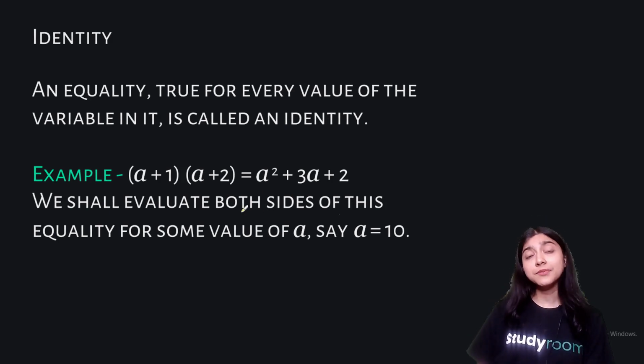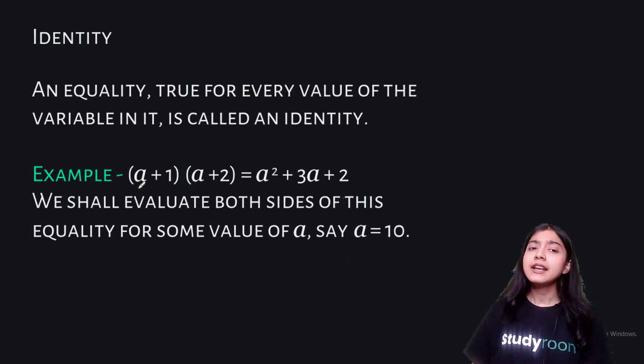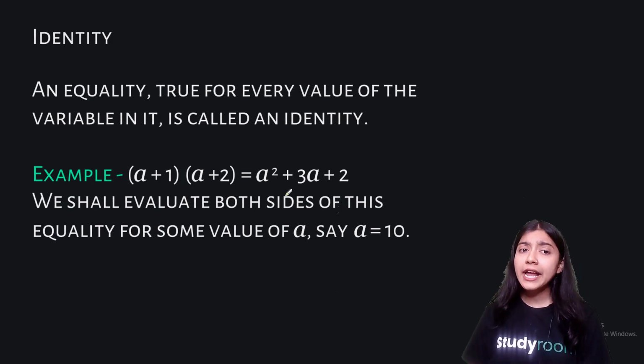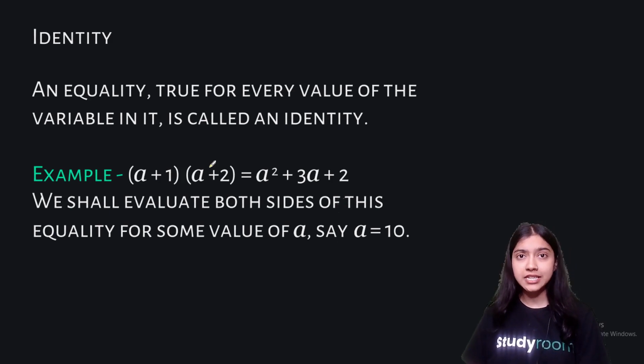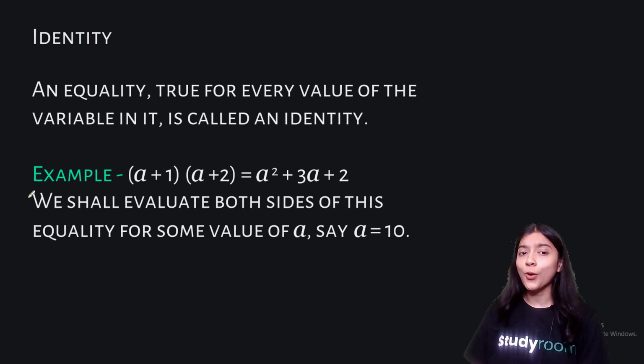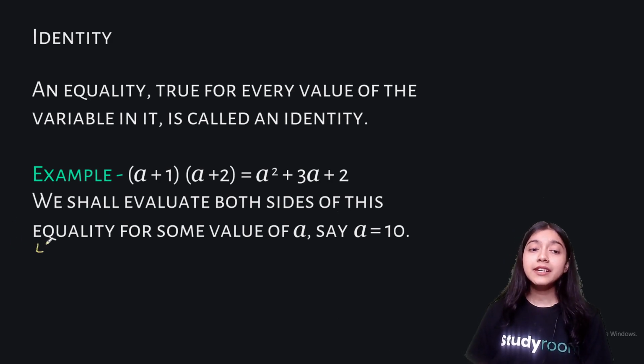Now, let me explain it to you with the help of an example. Let us take the same example and put a is equal to 10 in this expression on the left hand side and on the right hand side. And let us check, is the answer equal or not? So, let me write left hand side over here. When I put 10 in place of a in the left hand side, what will I get? I have a plus 1, which is multiplied with a plus 2. Now let me put a is equal to 10.